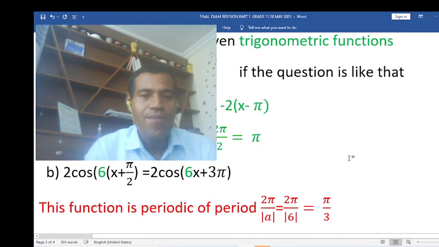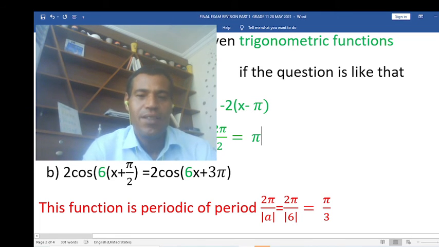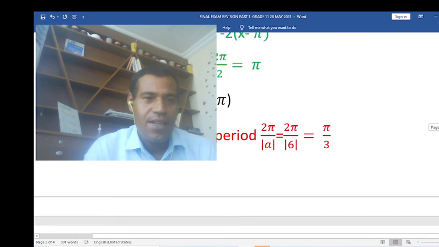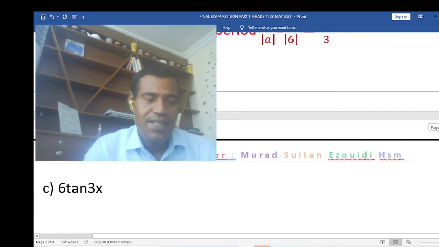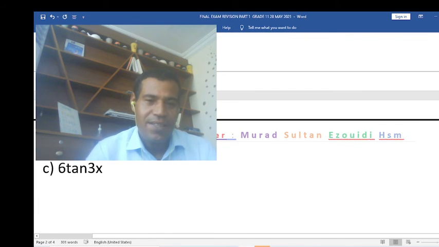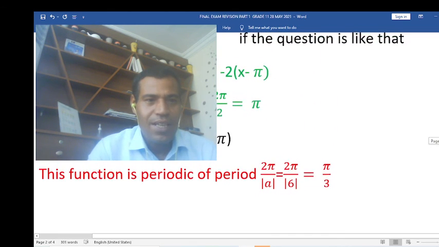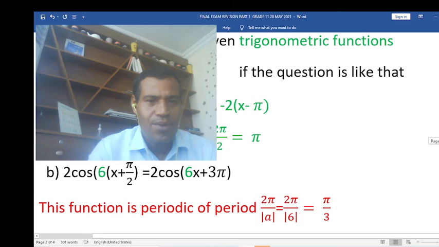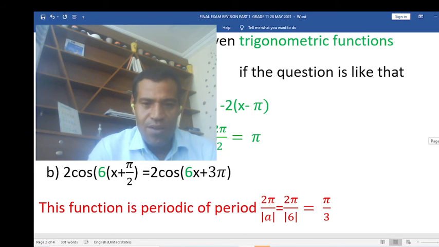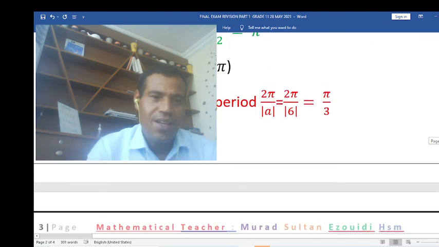Then we'll move to the next trigonometric function, which is 6 tangent of 3x. We used cosine, which is periodic of period 2 pi over a, which is 2 pi over 6, giving pi over 3.